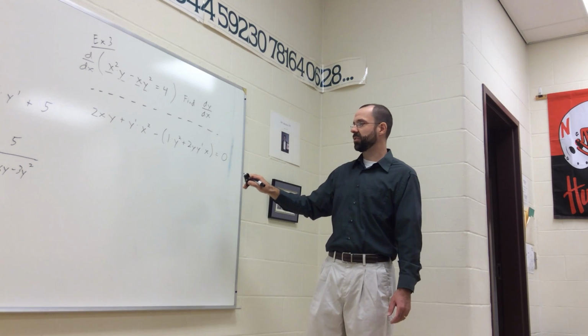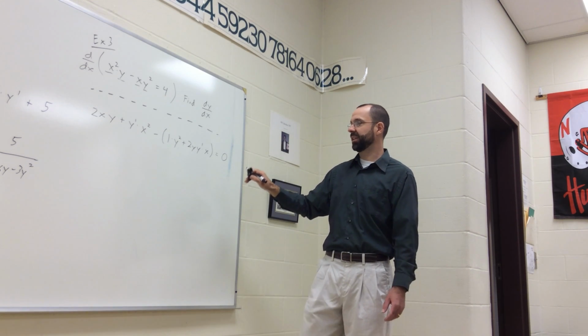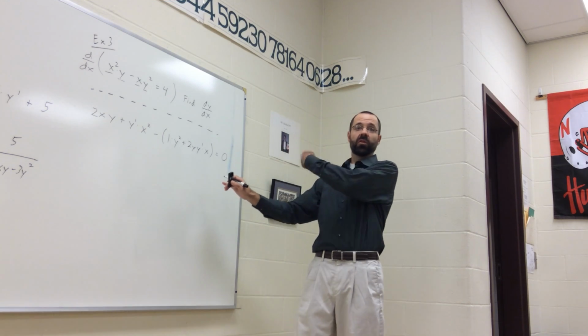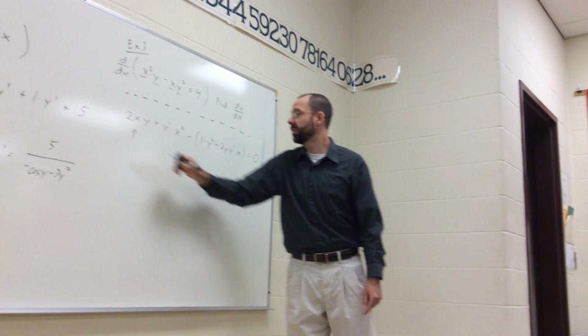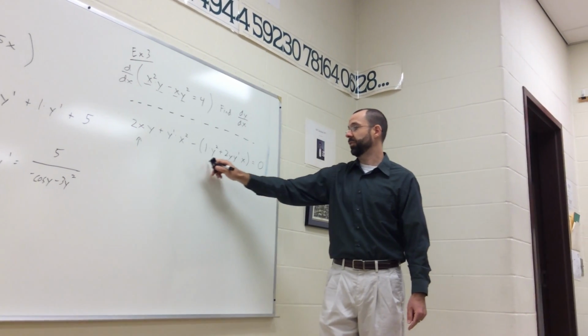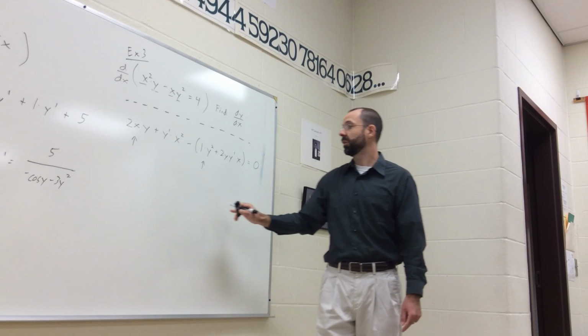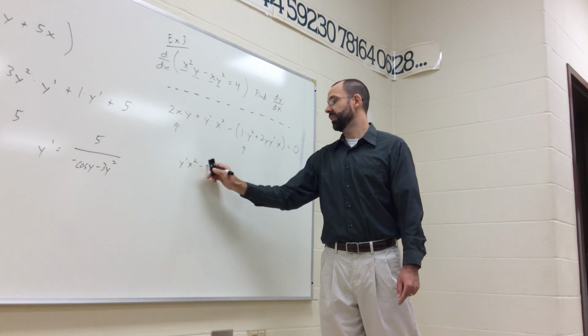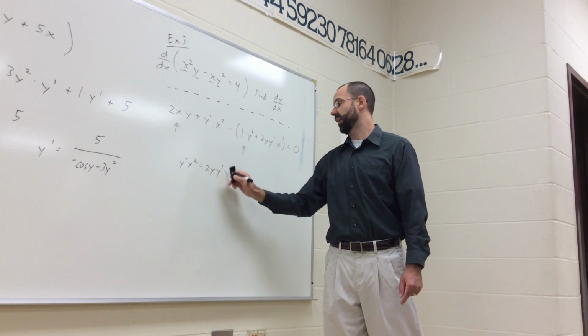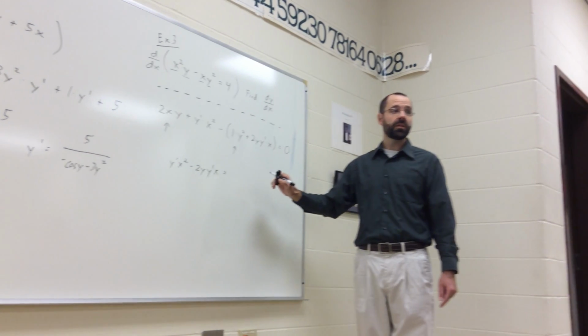Okay, so now I need to move all the stuff that doesn't have y prime over to the right. So that's this one and this one. And I'm going to leave the y prime x squared minus the 2y y prime x on the left.